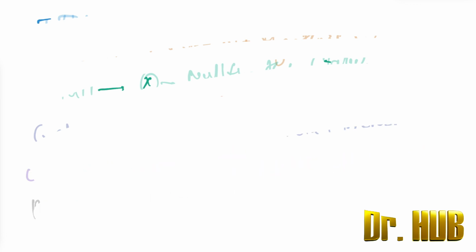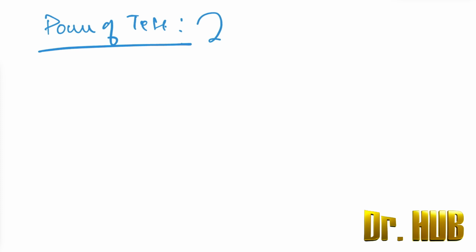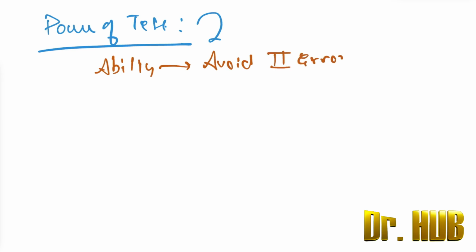Now let's look at the power of a test. The power of a test is the ability of the statistical test to avoid the type 2 error, and it depends on the ability to detect the false null hypothesis.